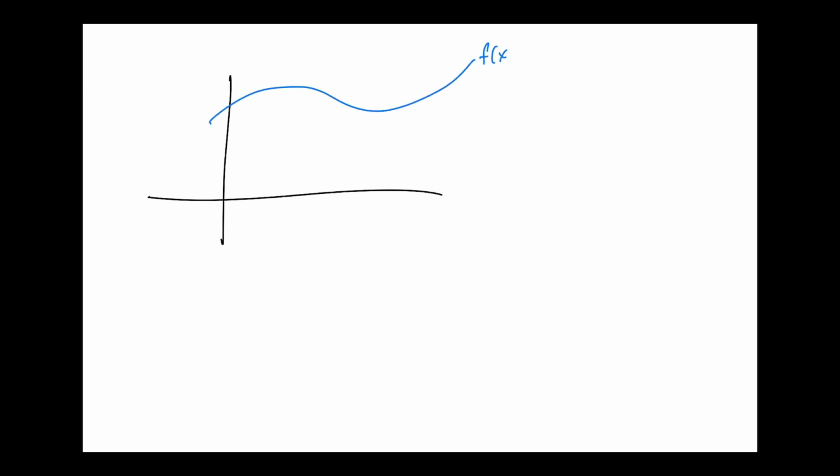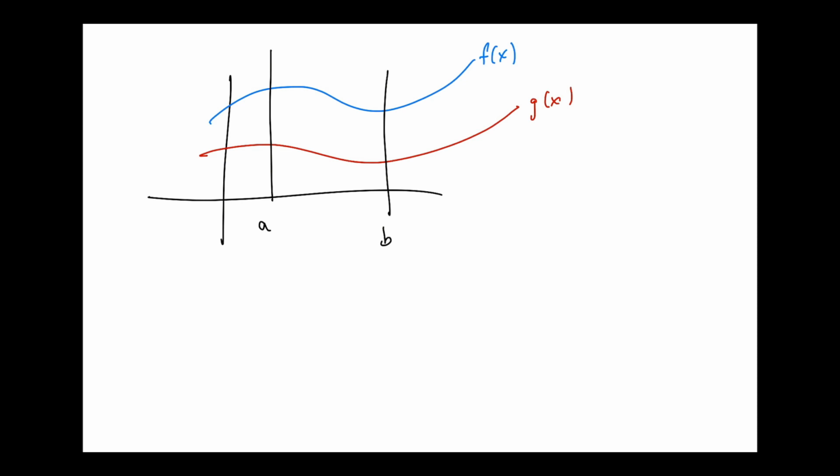So let me graph. Let me actually just sketch something. If I had two functions, say we'll call this one f of x, and we'll call that one g of x, and let's pick two specific x values.